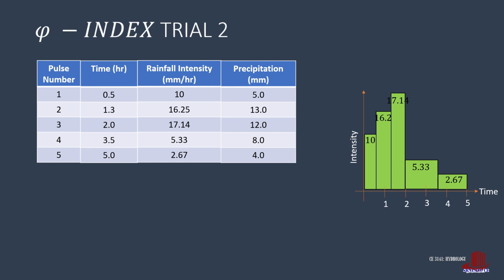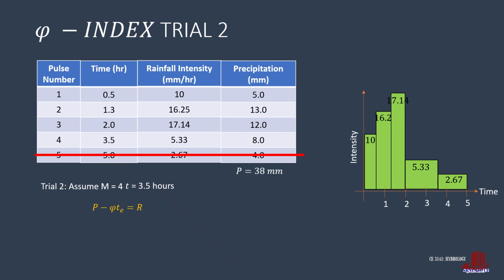Let's try another trial where we take out pulse 5 from the list, giving M of 4, and the duration is now just 3.5 hours. With the equation, solve for P from the table. That is 5 plus 13, 12, and 8, resulting to 38 millimeters. So the function becomes 38 minus 3.5 phi as equal to 23.